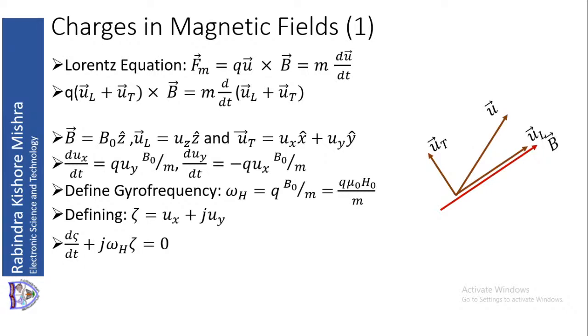Then I get zeta. If I define zeta in that manner, then what I will get is d zeta by dt plus j omega h zeta is equal to 0. How I am going to get it? That is the question.